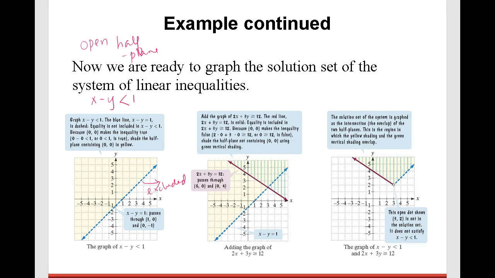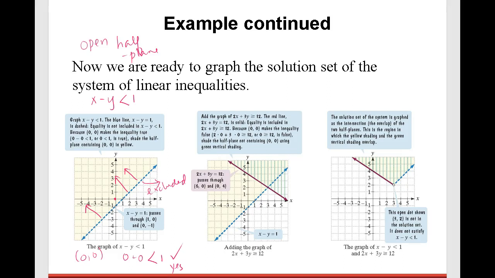Next, you check your test point. Your test point would be 0, 0. So 0 minus 0, is that less than 1? And the answer is yes. Therefore, 0, 0 is in the solution set and your region is above the boundary line.